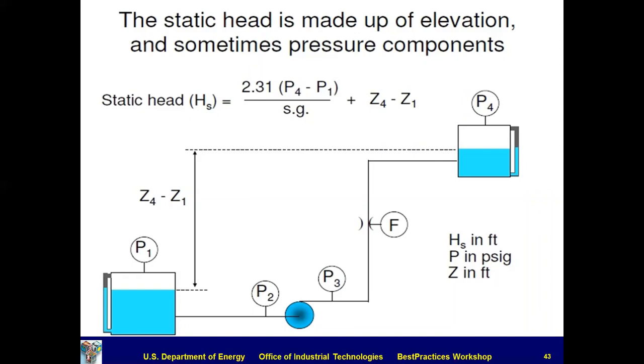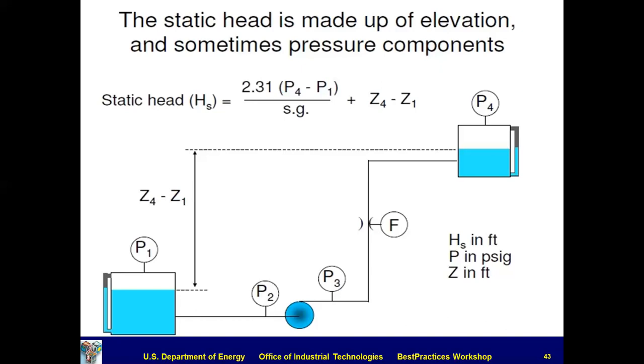And so now we see the equation. Static head is the difference, if there is a difference in gauge pressure, P4 minus P1. If they're both open to atmosphere, then P4 and P1 would be equal, and that term would drop out. We're assuming that we're measuring these pressures in pounds per square inch, and if we multiply that by 2.31, that converts PSI to feet of head for standard water.